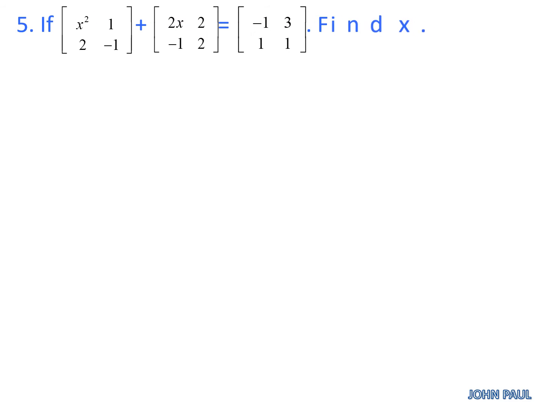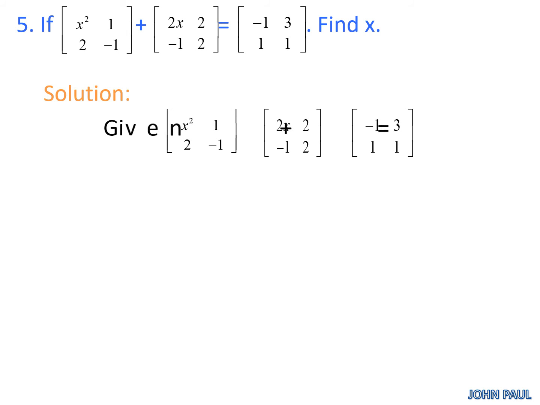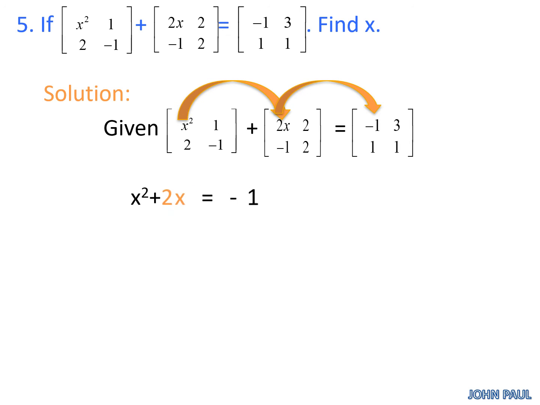Fifth problem: if the matrix is given, we want to find the value of x. Solution: given matrix we wrote, now compare the terms, that is x square plus 2x equal to minus 1. Now split this 2x as x plus x.